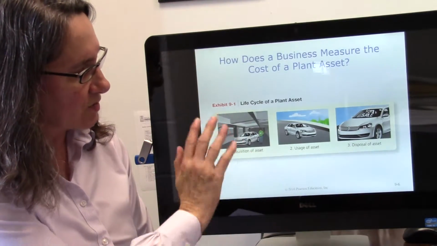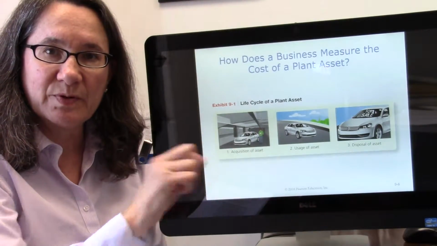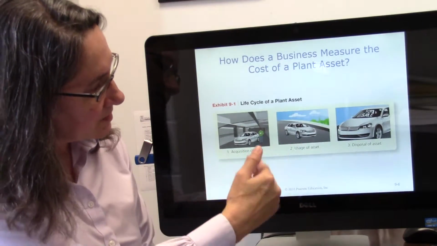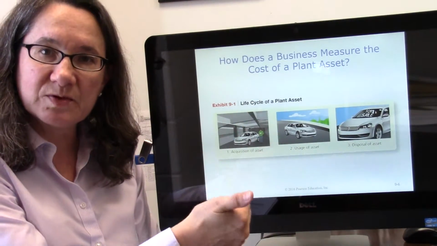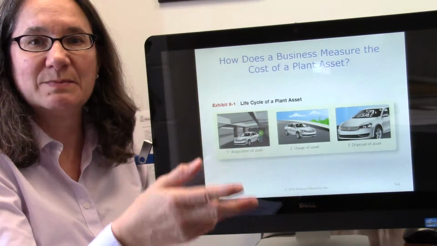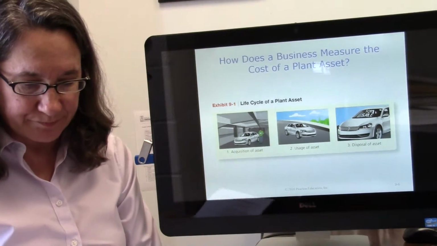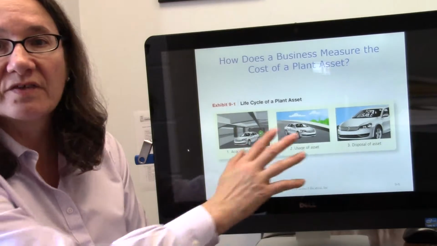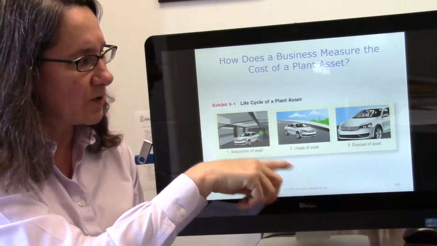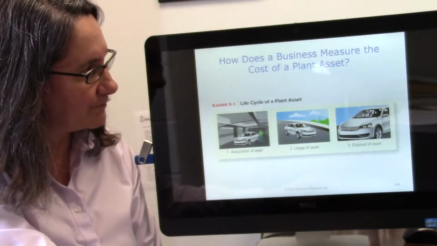So you can imagine you acquire it, that has a certain cost, and you add that all up and put it on the books as your cost of the asset. Then, as you use it, you have to depreciate it, right? And maybe you do some maintenance, maybe you do some repairs, maybe some upgrades. And then when you're done with it, you dispose of it. And all this requires accounting entries because you're spending some money. So there's going to be accounting entries at all different stages of using an asset.